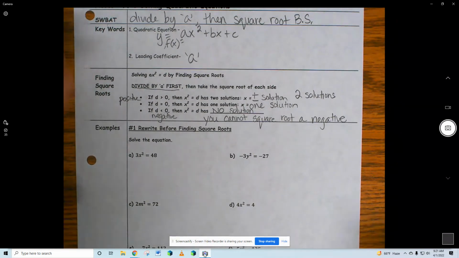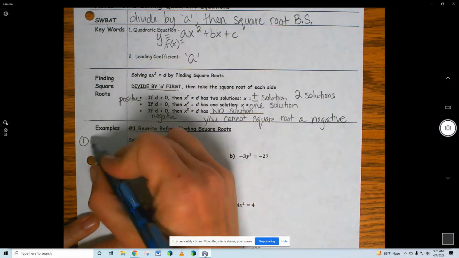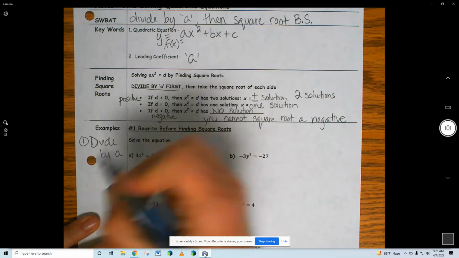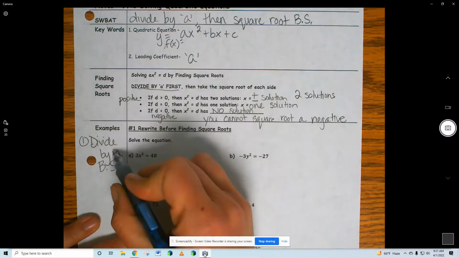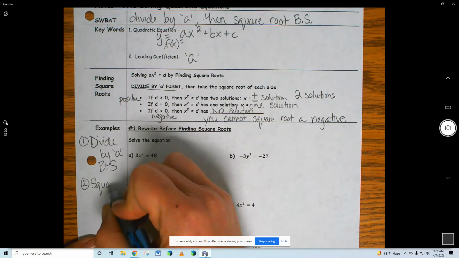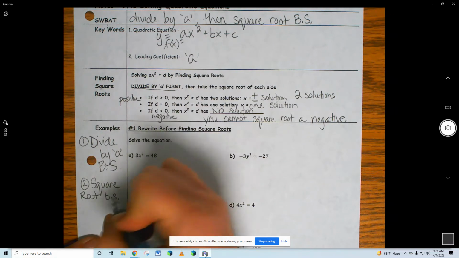Okay, so here we go. Step 1, divide by a, both sides. Step 2, square root both sides.